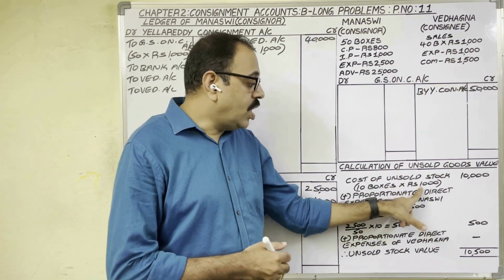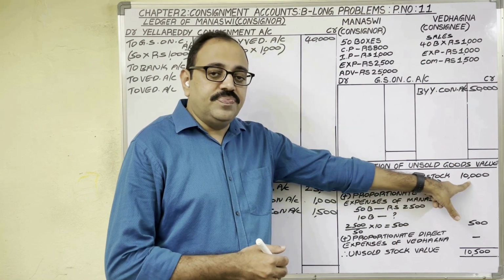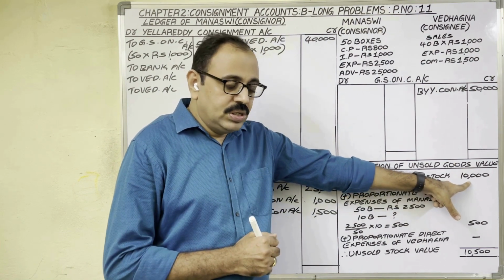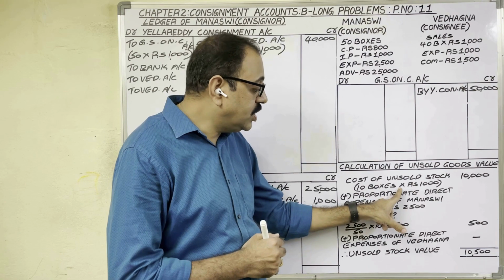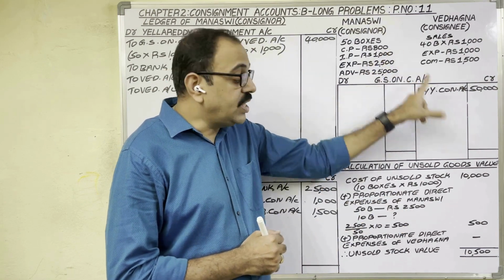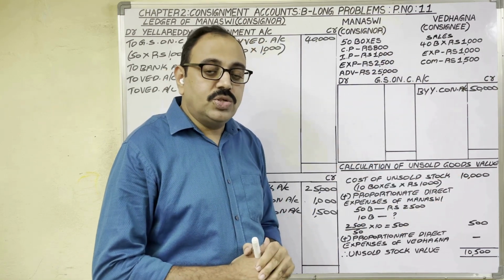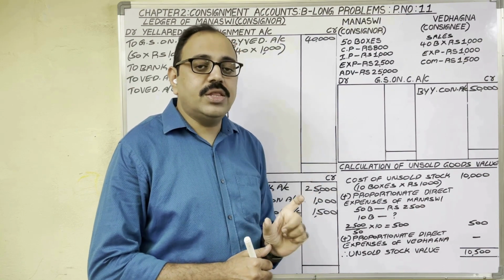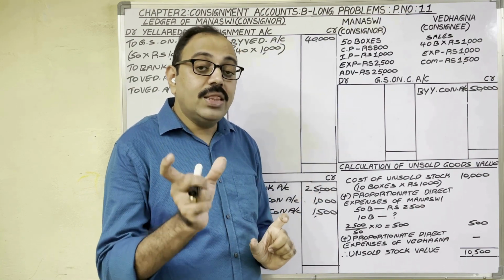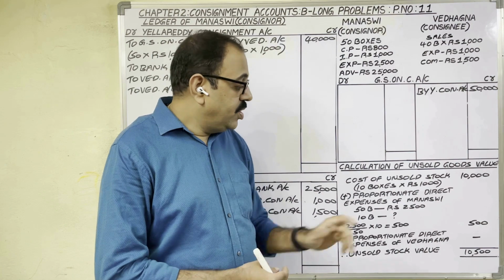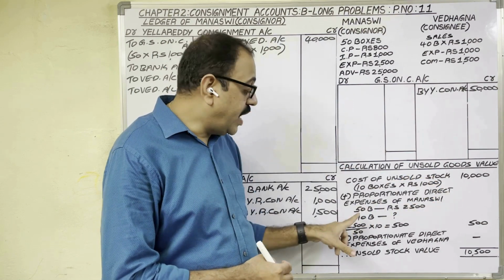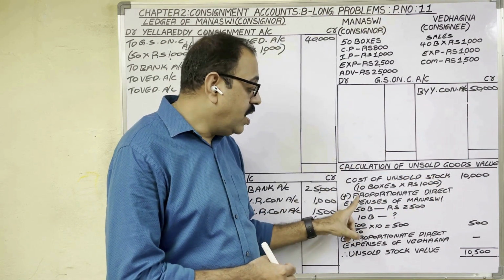Therefore, into 1000, 10,000. Actually, this is a wrong amount. The correct amount is 10 boxes into 800 rupees, 8,000 we should take. So instead of writing the correct amount 8,000, we are writing a wrong amount 10,000. To this, we should add proportionate direct expenses of consignor and consignee.